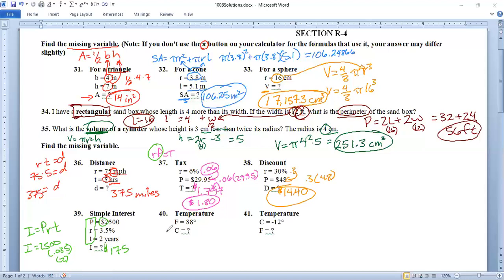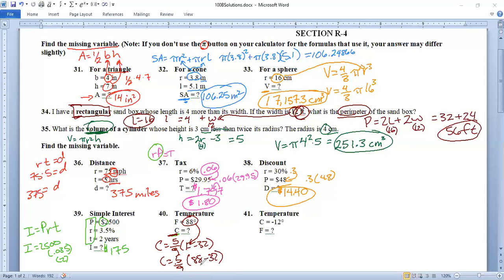All right, number 40, we're trying to find C. So we're going to find the formula that has C equals, and it is 5/9 (F minus 32). So if we take 88 and stick it in for F, we now have C equals 5/9 times (88 minus 32).